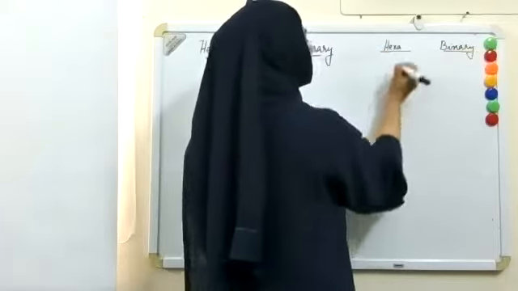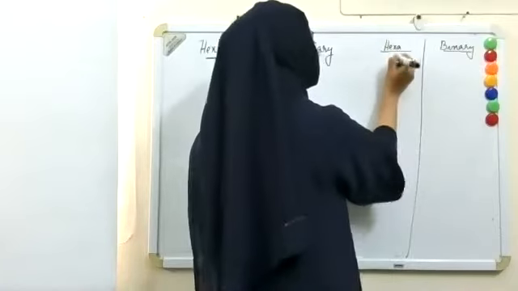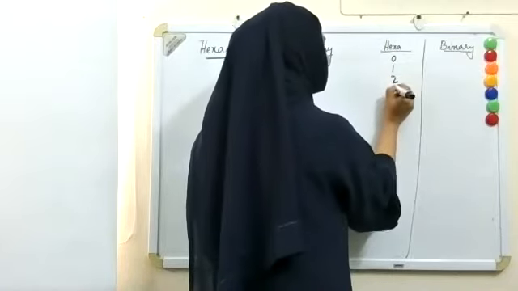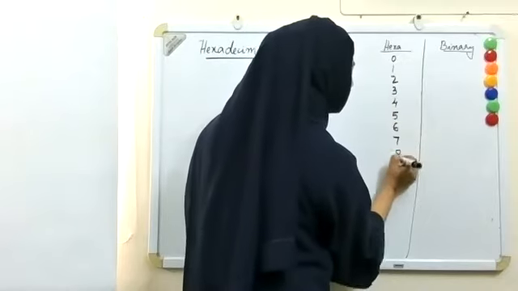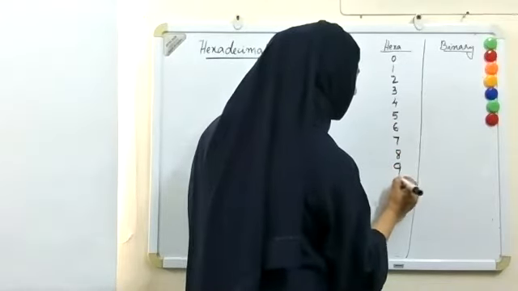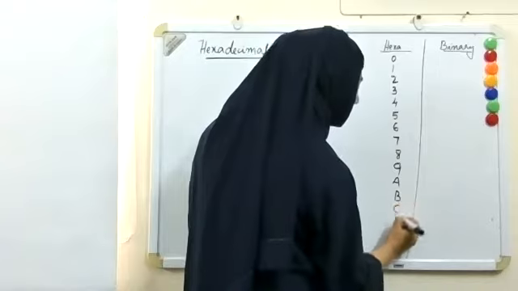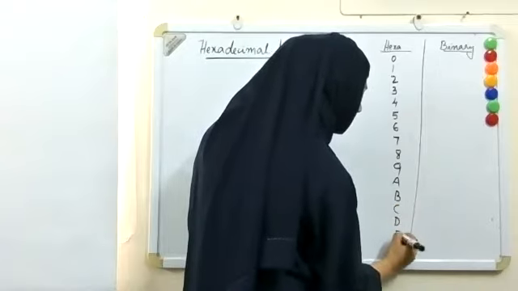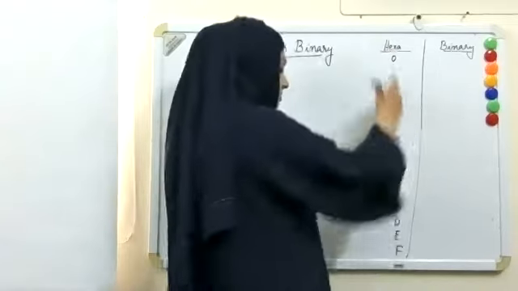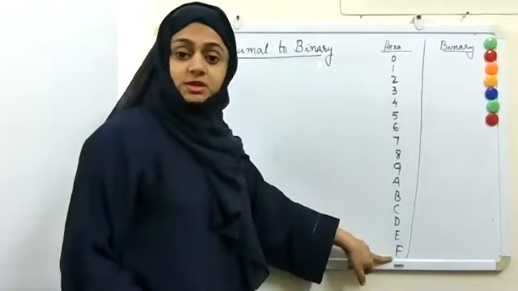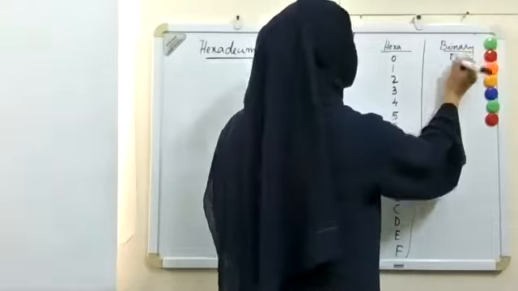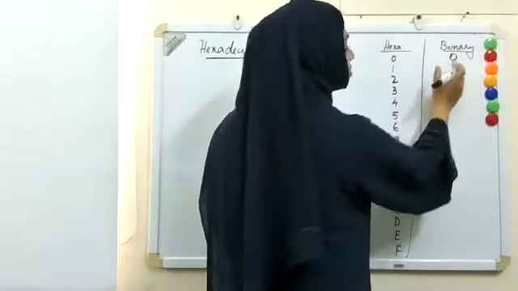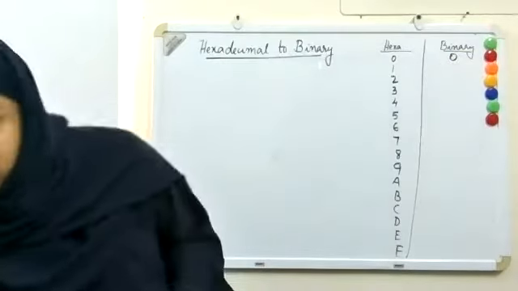So hexadecimal, as you know, starting from 0, 1, 2, 3, 4, 5, 6, 7, 8, 9, A, B, C, D, E, F. 16, up to F. Then binary. So 0 corresponding to 0. I'm going to add 1 with the binary.